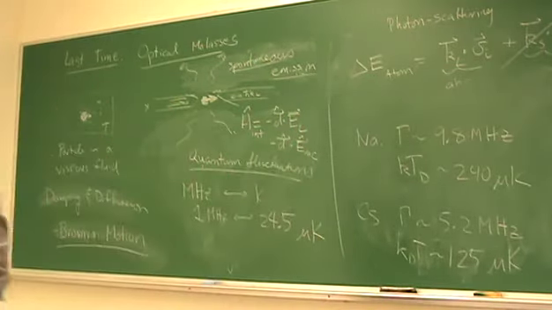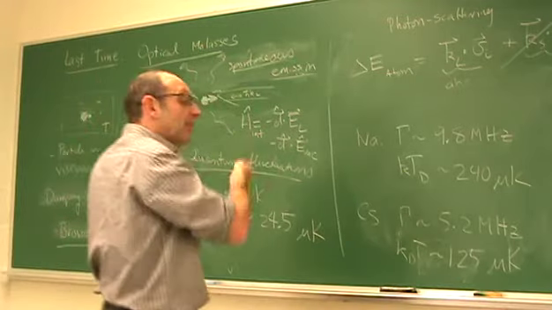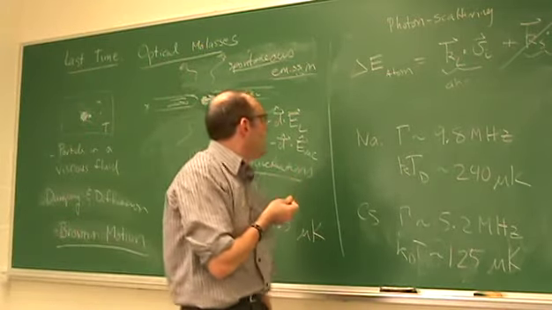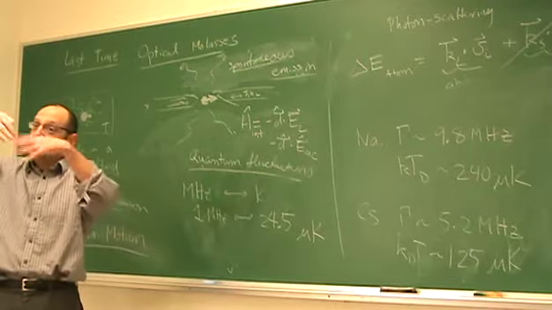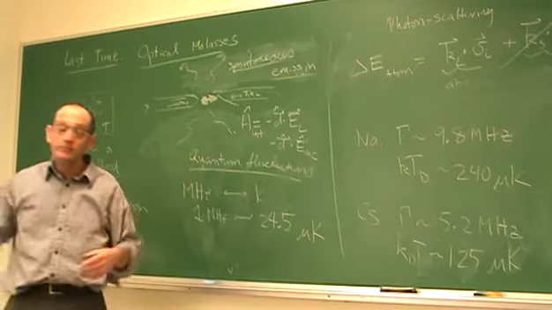Now, the problem with molasses is that it's kind of nice, but in the same way as in Brownian motion, we have diffusion. So the atoms won't stick around for very long. They'll diffuse out of the molasses and go away.